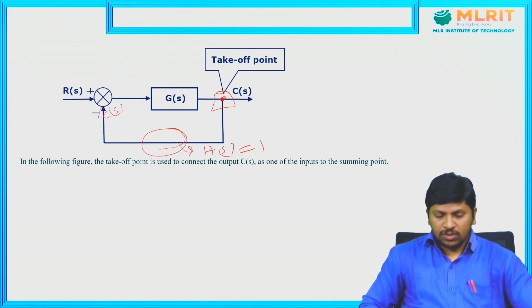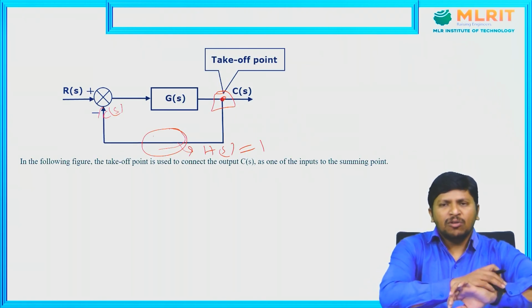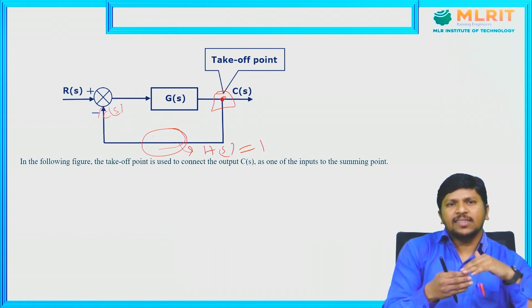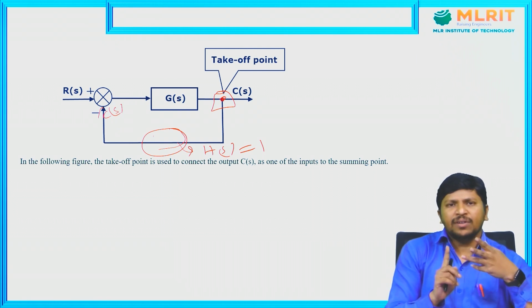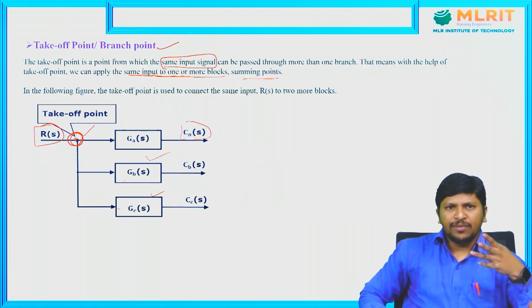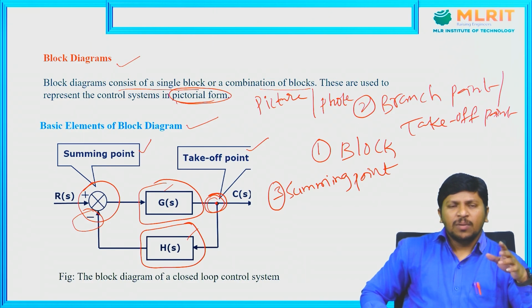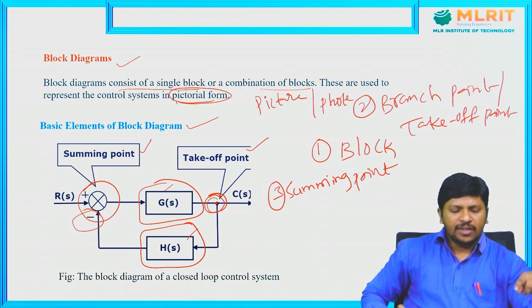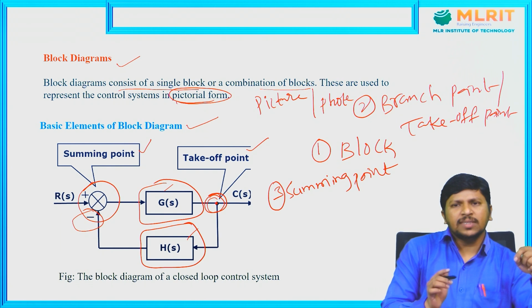This is about what is meant by a block diagram, which consists of blocks, summing points and take up points. Every block diagram consists of some basic elements: the block, summing point and take up point.